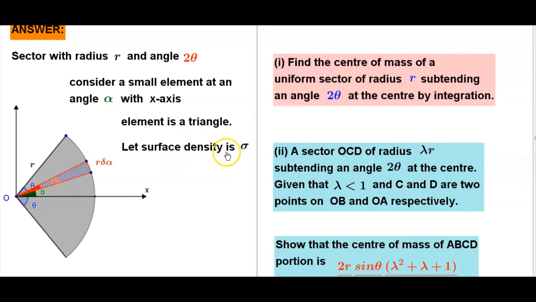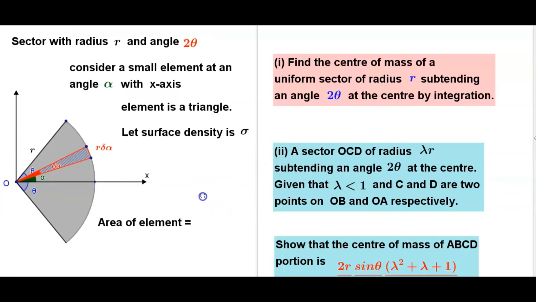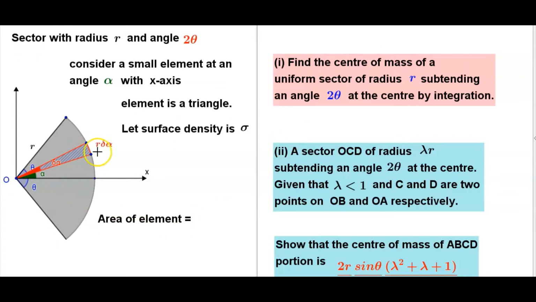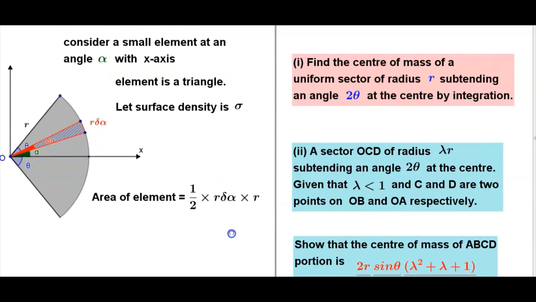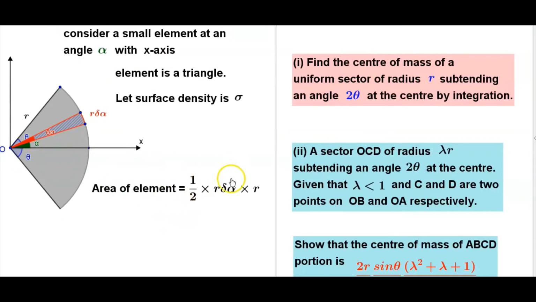Let the surface density be sigma. The element is a triangle, therefore the area of this element is half into base into height, half into base r delta alpha into height r.